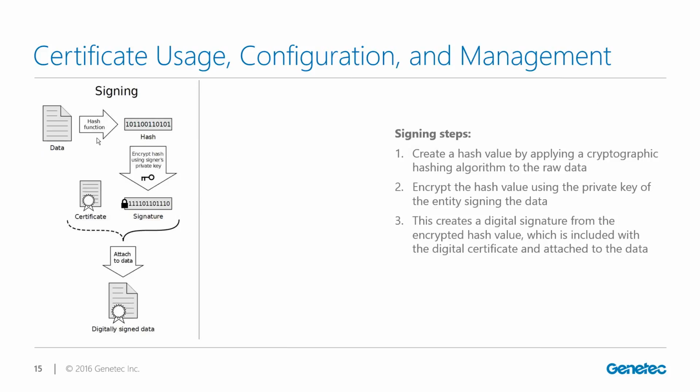That's a mathematical function that we apply to the data, and then we get a hash value from that. Then we take the hash and apply the private key of the entity signing the data, and we create this digital signature with it. The signature is attached with the certificate, and then we attach that to the data, and that gets sent on to our destination.